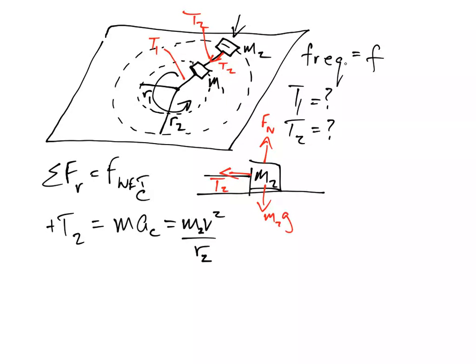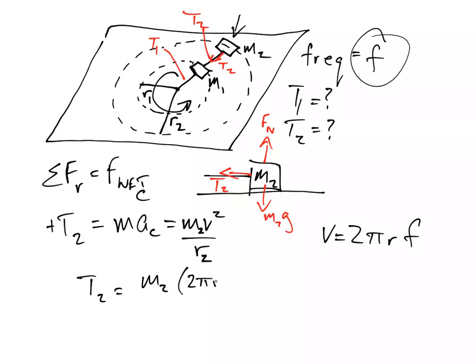The question actually tells us that the frequency is f. It doesn't really tell us what the frequency is, but we're supposed to find the answer in terms of it. So using the equation, the velocity is equal to 2 pi r f, we can now substitute that into here and get T2 is equal to m2 times (2 pi r f) all squared divided by r2.